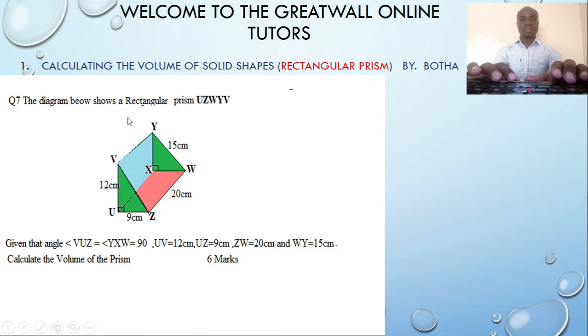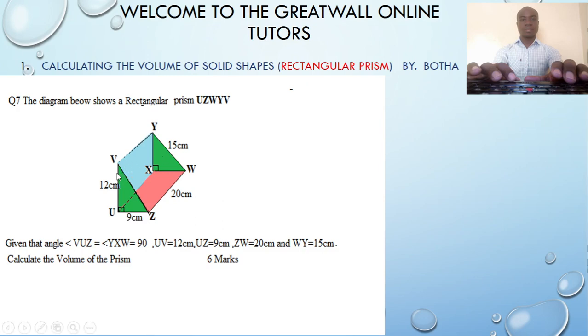In this case, look at the base of this prism we have. This prism, its base painted in pink, is a rectangle, right? Hence, rectangular prism.